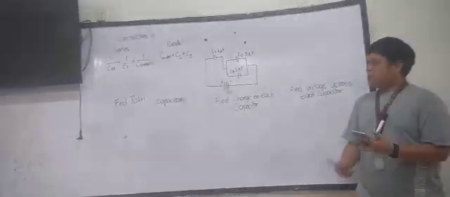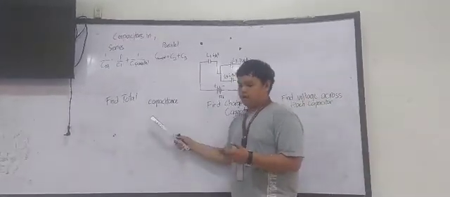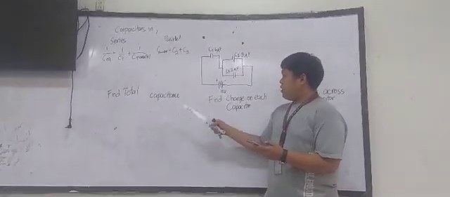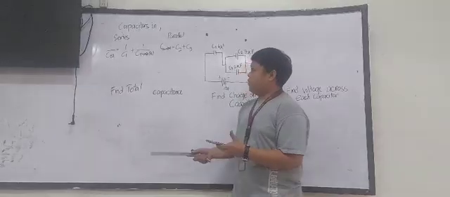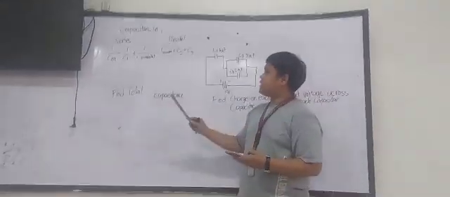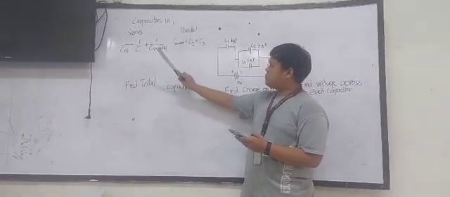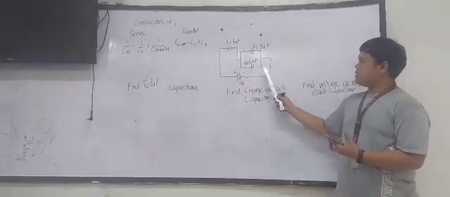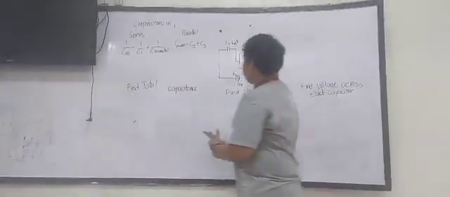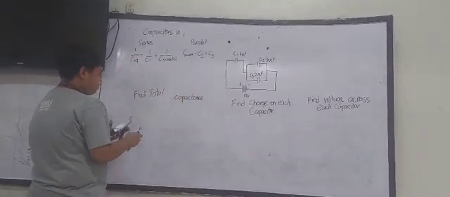First, we're going to find the total capacitance of the whole circuit. We'll start with the total capacitance of the parallel part of the circuit, using this formula.